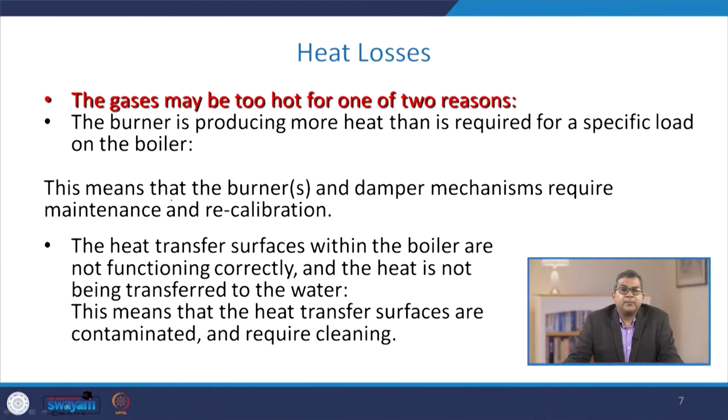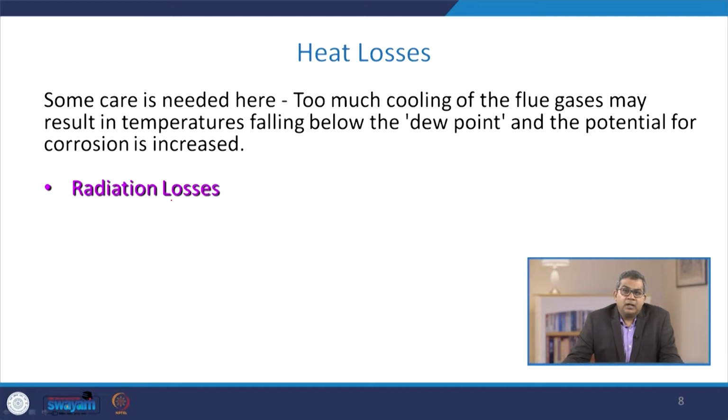So, this means that the burners and the damper mechanism require maintenance and recalibration, which is purely based on engineering calculation. Another reason is that the heat transfer surfaces within the boiler are not functioning correctly, and the heat is not being transferred to the water. So, this means that the heat transfer surfaces are contaminated and require cleaning.